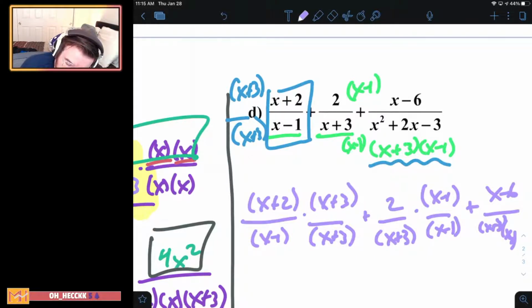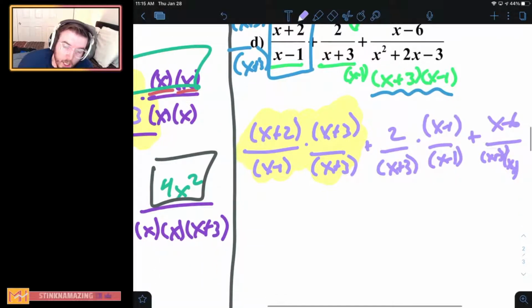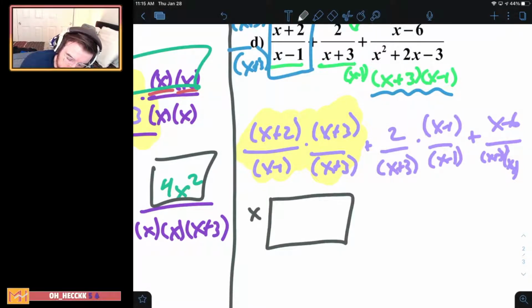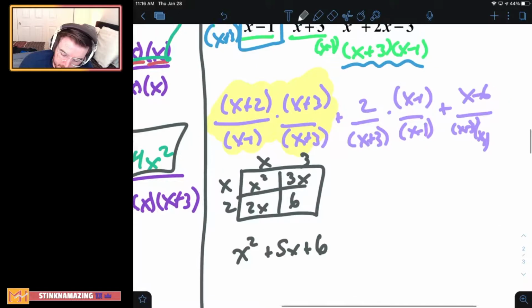Okay, so did you think about it? How is this going to multiply together? A question pops up on screen. When you have a factor times a factor, you might find it useful to use the box method. So it becomes x squared plus 5x plus 6.